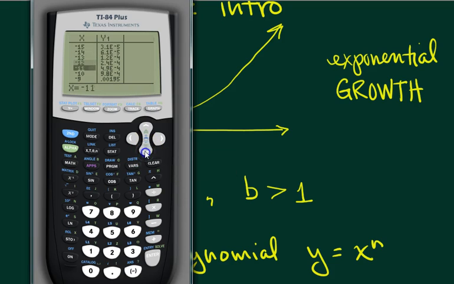Well, okay, it doubles each time. So by the time x gets to 10, it's already 1,000. By the time x gets to 20, we have 1,000,000.